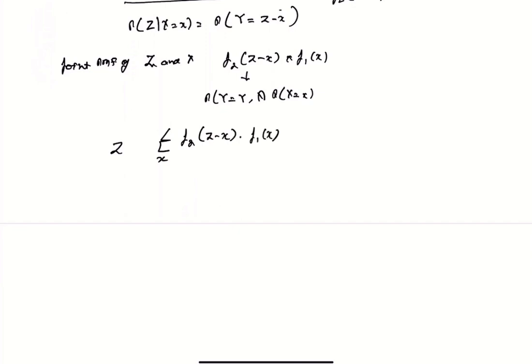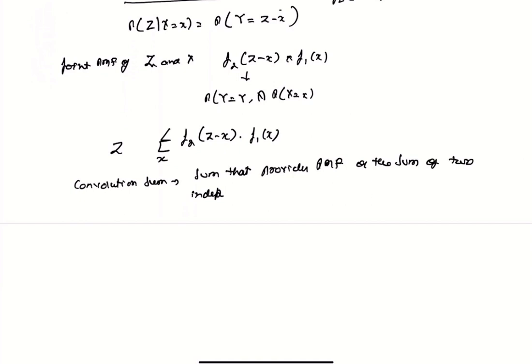The sum that provides the PMF of the sum of two independent discrete random variables is called the convolution sum.